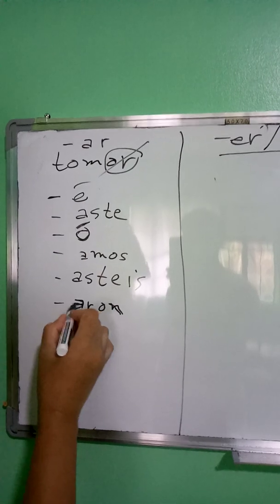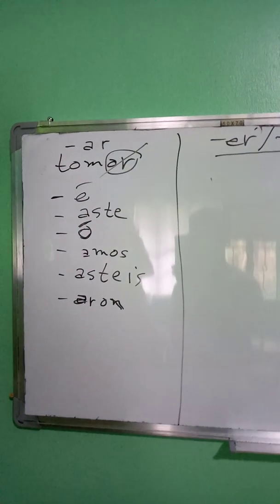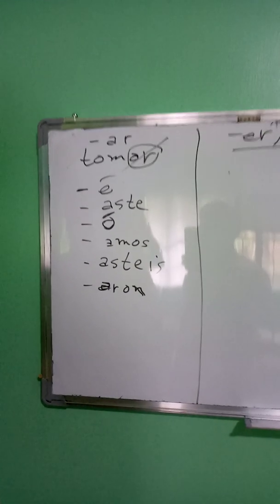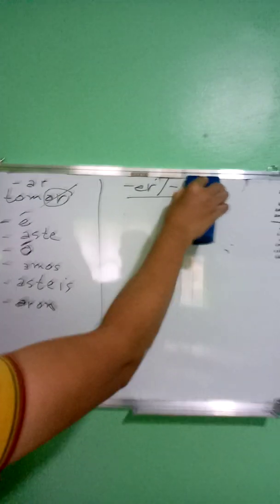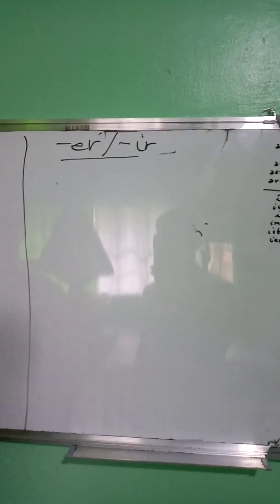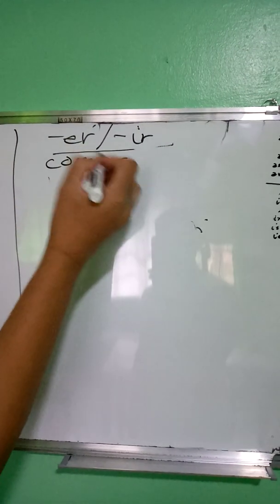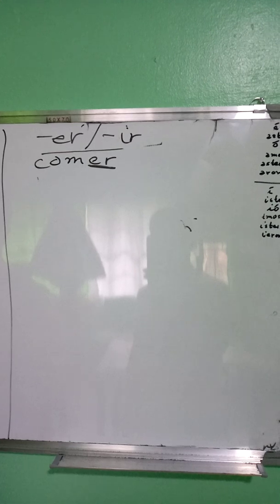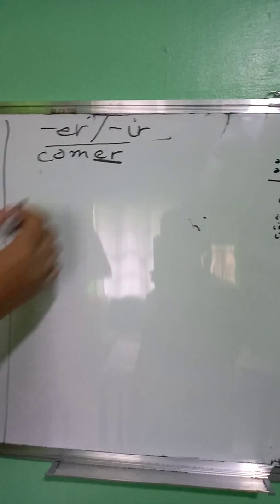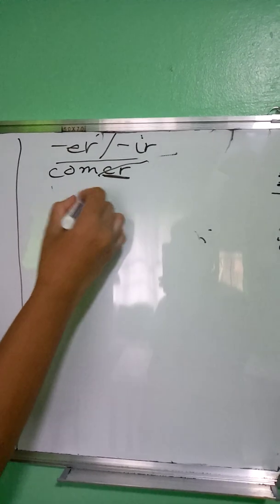Tomaron. Okay? So we proceed with this ER and IR endings. I told you they carry or they bear the same conjugation. So, say for instance, comer. The verb comer is to eat, no? It's an ER ending. Diba? So, the conjugation after dropping this, you put comí, no?